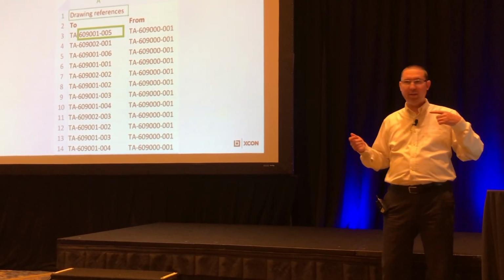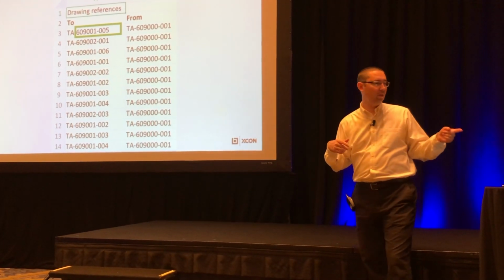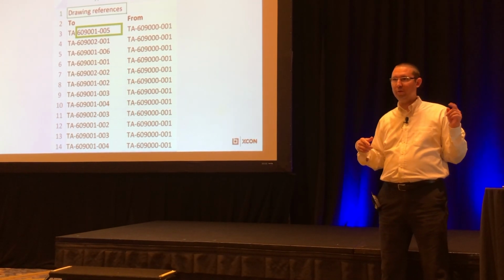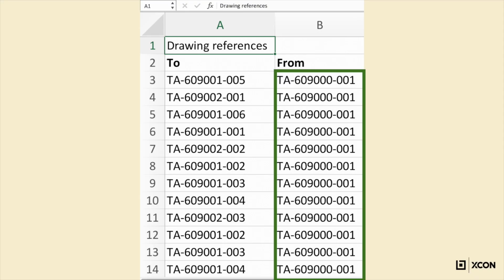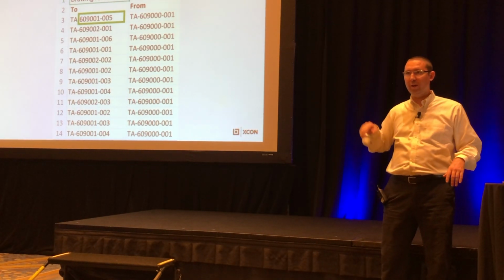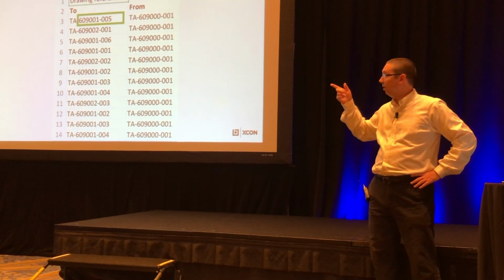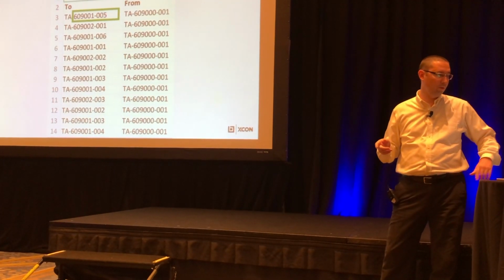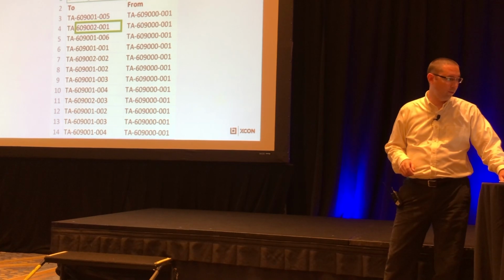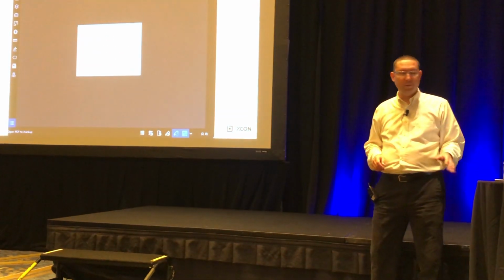If you replace this 69001-005 file, then you know you have to replace this file as well. If any of these files on the left get changed, then you also have to do the sheet number 1. So that's the point. All right.